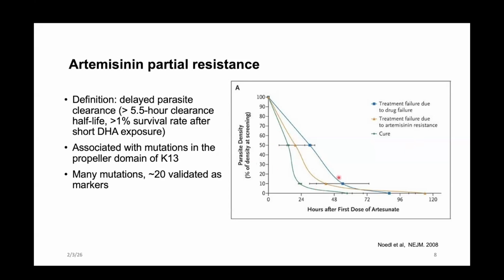So clearly, for the person who was cured, if you look at the parasite density, by 24 hours, the parasite density has dropped from 100% to 10%. But for the one who failed, it takes close to 40 hours to achieve a drop from 100% to 10%. So there's a delay in the parasite elimination rate.